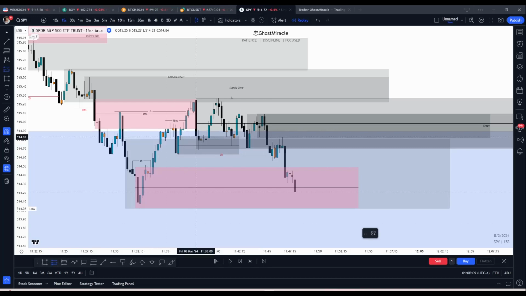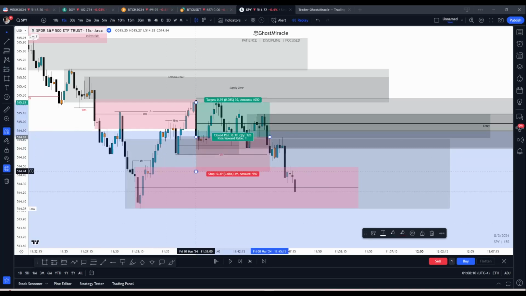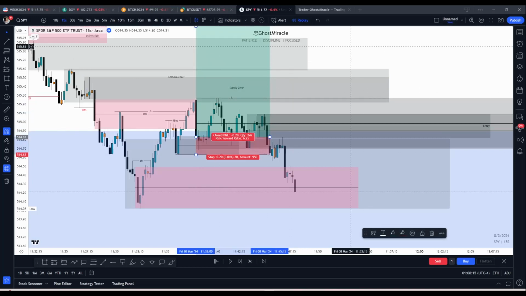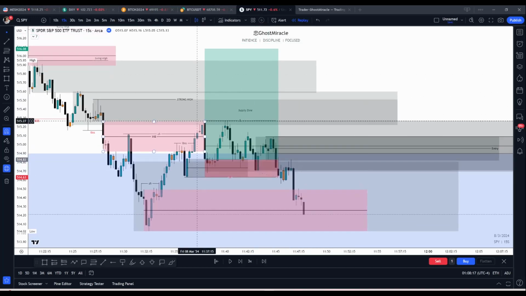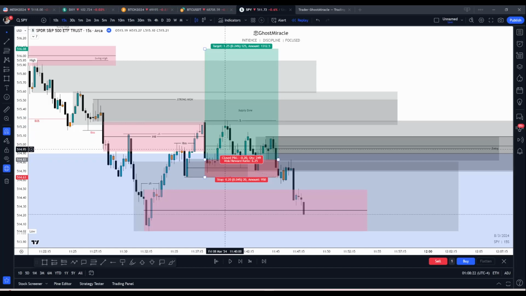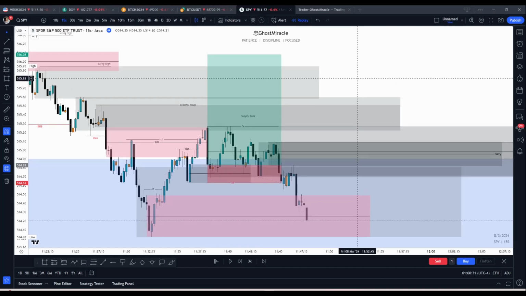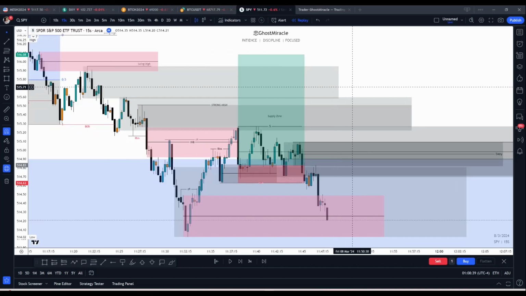And then at the very least, I would have taken partials: entry here, stop loss, and then target the upside. Once I saw that price failed to break this high, I'll take my partials and go break even. Because if price comes back down, then at least I have a certain amount off for the trade and I'm not going to lose anything when it comes back down.